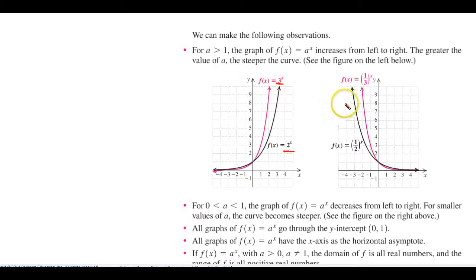Now, let's take a look at this. Here we have 1/2. That's the black line. That's a larger fraction than 1/3. Well, where do you think 1/4 would be? Again, closer to the y-axis on this side.